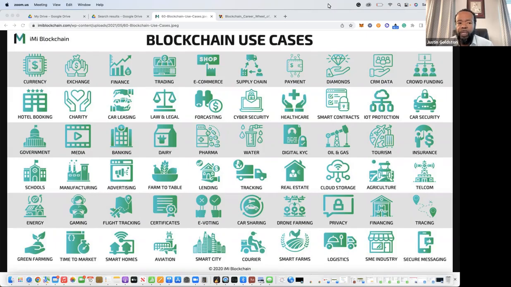For certificates, we talked about certificates within the school use case, and certificates can be written to the blockchain in the form of non-fungible tokens, in the form of NFTs. So you're going to start to see a lot of certificates, so that employers, so that administrators can go on the blockchain and actually verify that someone received that certificate or went to that specific university.